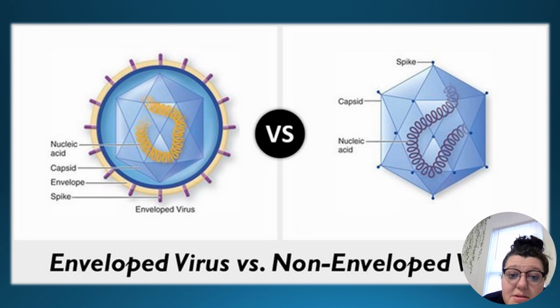The only difference from the left to the right is that envelope. The non-enveloped also has that nucleic acid, that capsid, and they have spikes. But you can see the envelope, which is this yellow rim around the virus to the left.